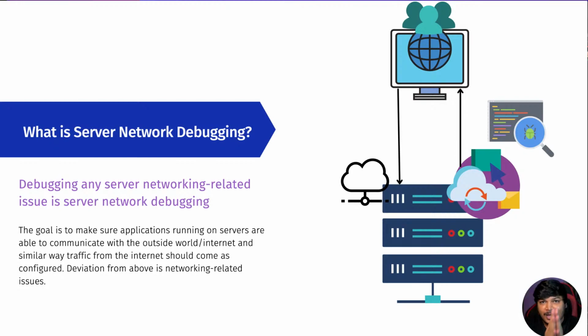That is exactly the end goal. It has to be faster, flawless, without any issues. Any issue means the application is not working and you are under fire. So the final goal is to make sure the traffic flow works perfectly fine, and to achieve that, whatever problem happens, I have to fix it. This in a simple sense is called network debugging.